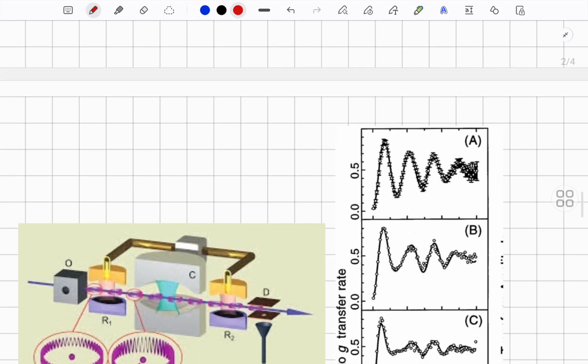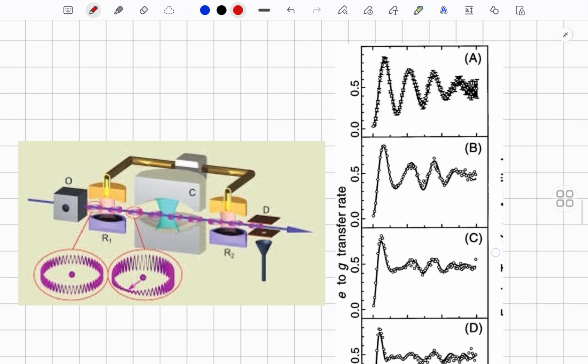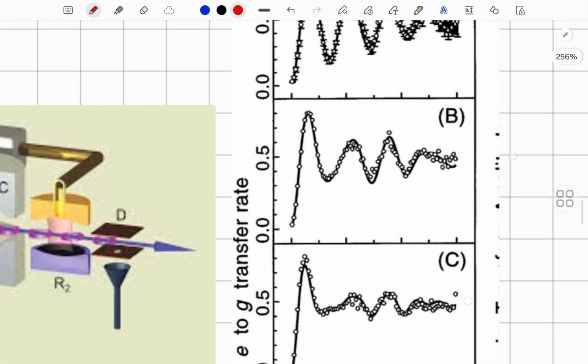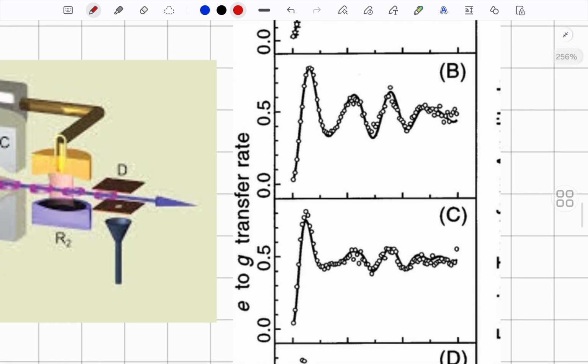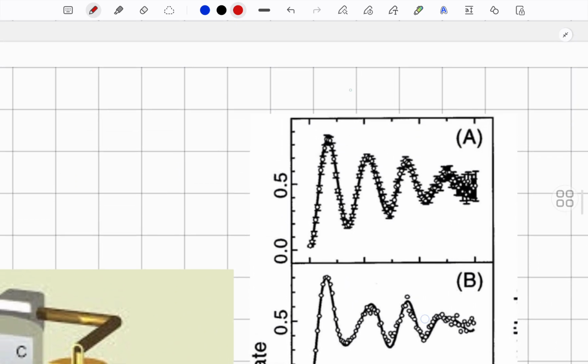And they have done the experiment, and initially they sent the atom in the ground state. So we have the different experimental plots, A, B, C and D, all of which are experimental plots with the initial state of the atom in the ground state.